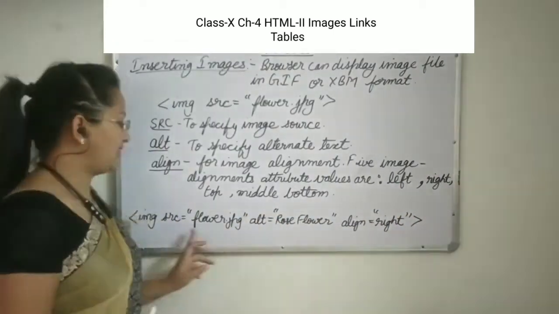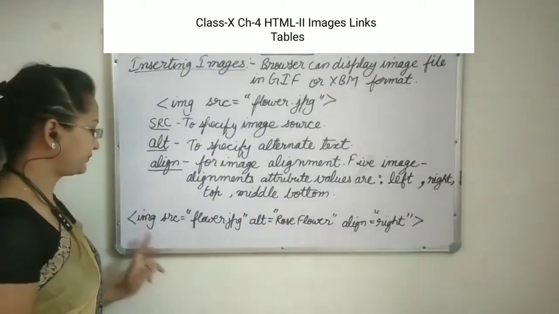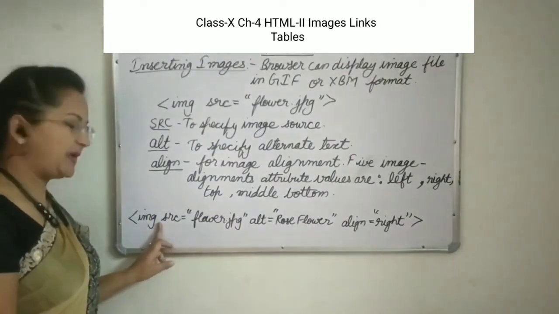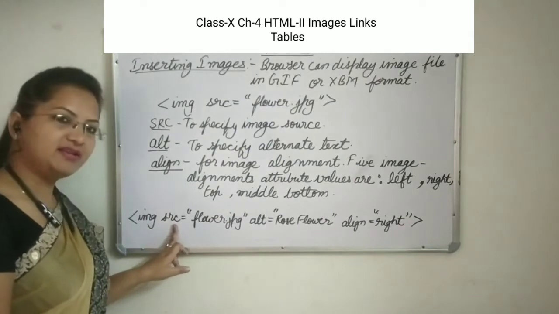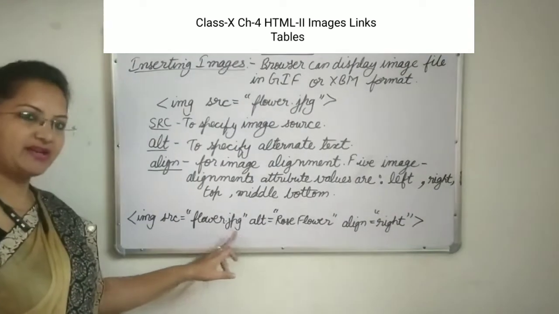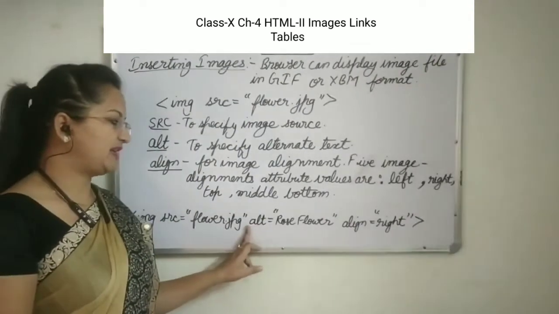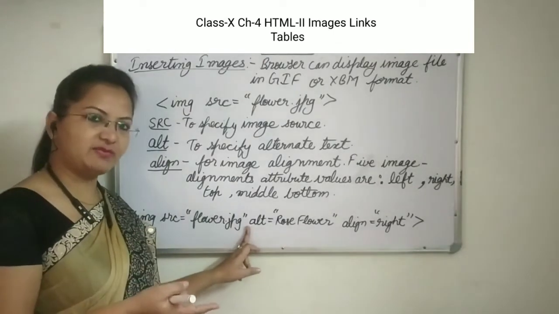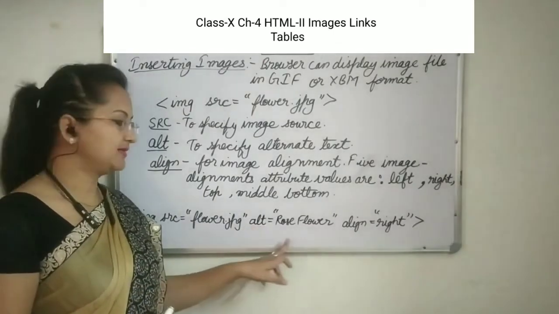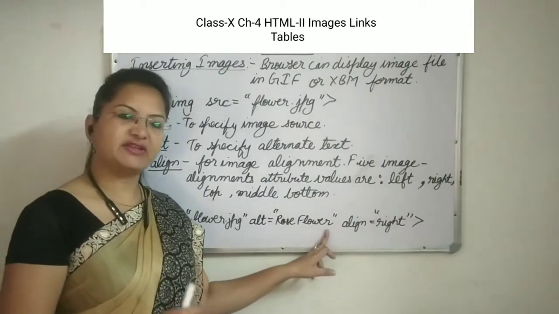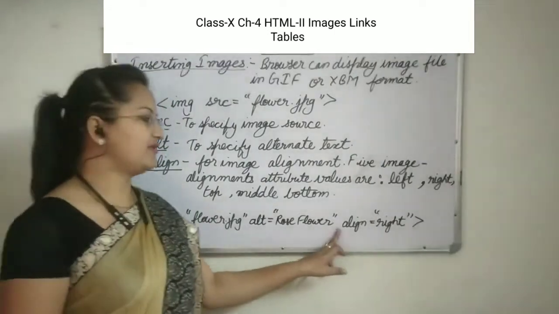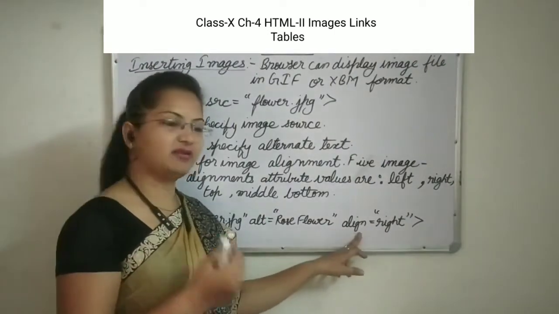So students, I have given you an example. You can see img, space, src, then the picture name with extension, then a space again because we are using a second attribute, then alt, rose flower, and after that a space again because we are using a third attribute now.